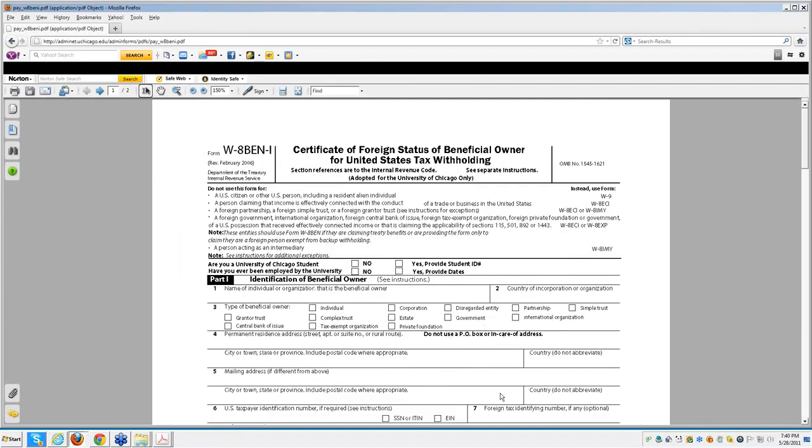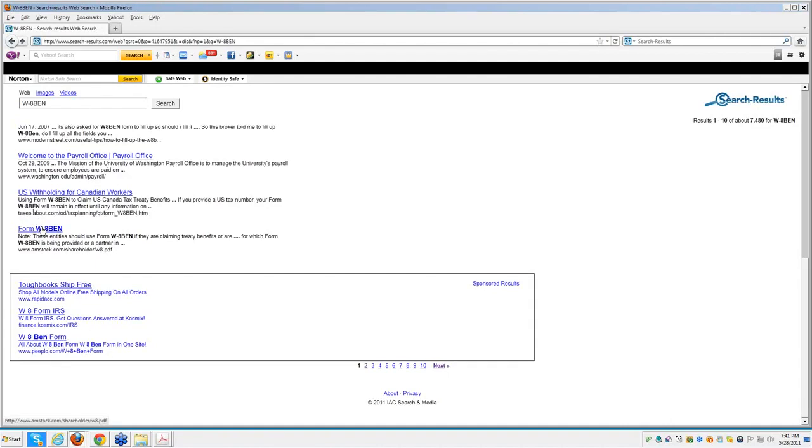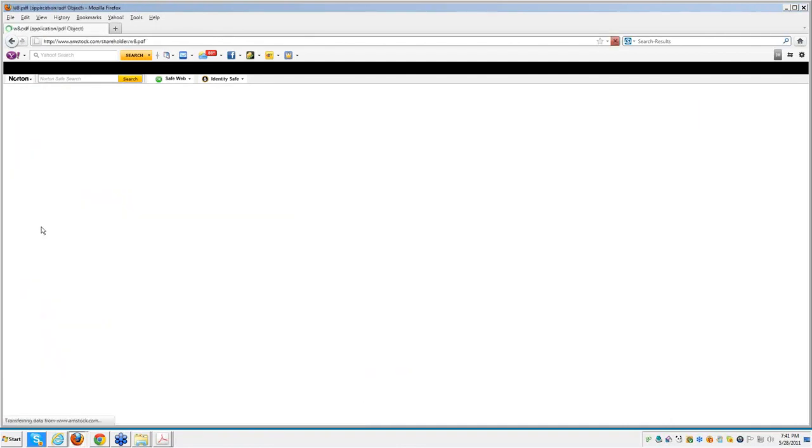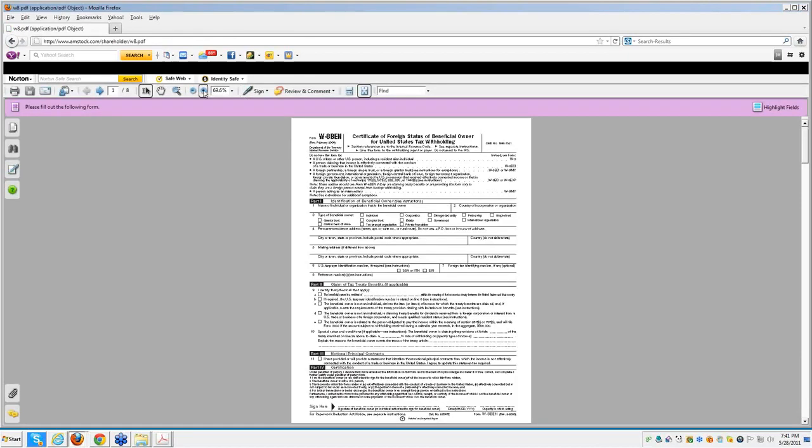No. So everybody's been filling out the wrong W8BEN form. They've been filling out the BEN1 form, and we want to fill out the W8BEN with no one. The other one didn't have a 1 on it. Okay, here's another W8BEN. My gosh, how many forms they got for it?